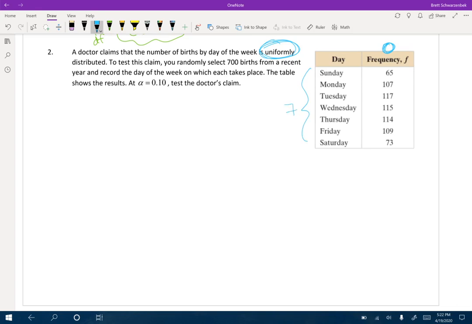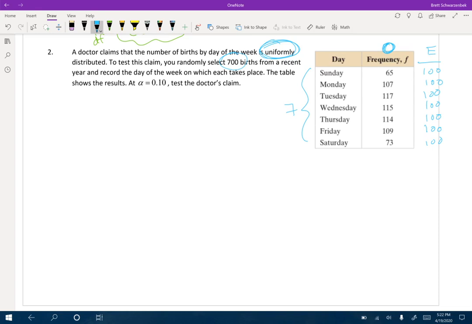And you have to take your 700 births, do 700 divided by 7, and get each one, which is clearly going to be 100 for all 7 of them. So these are your expected counts, and this is hopefully extremely logical to you for each one of those expected number of births per day. So in that scenario, that's what we end up with.